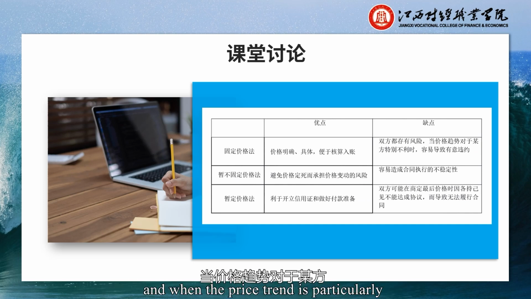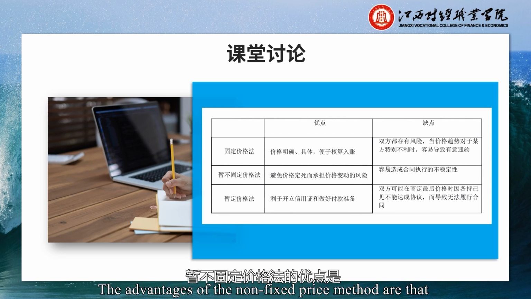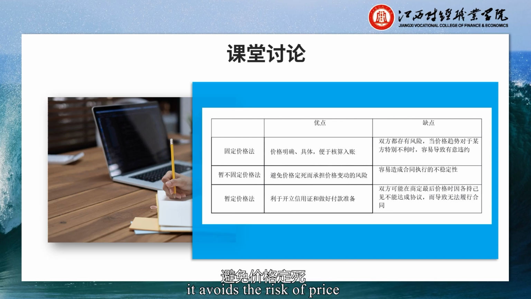risks, and when the price trend is particularly unfavorable for one party, it can easily lead to intentional breach of contract. The advantages of the non-fixed price method are that it avoids the risk of price changes by not fixing the price, while the disadvantage is that it can easily cause instability in contract execution.